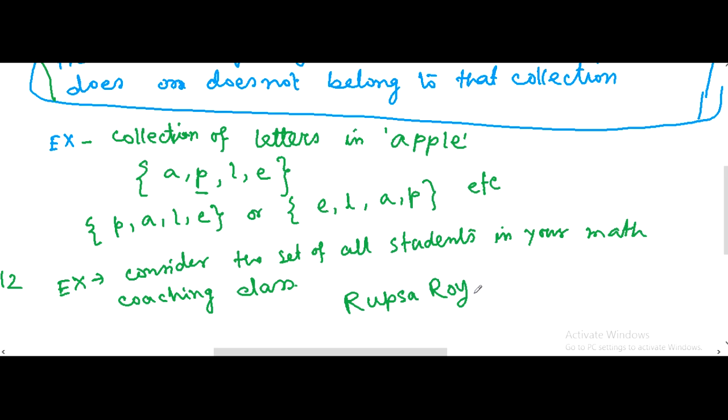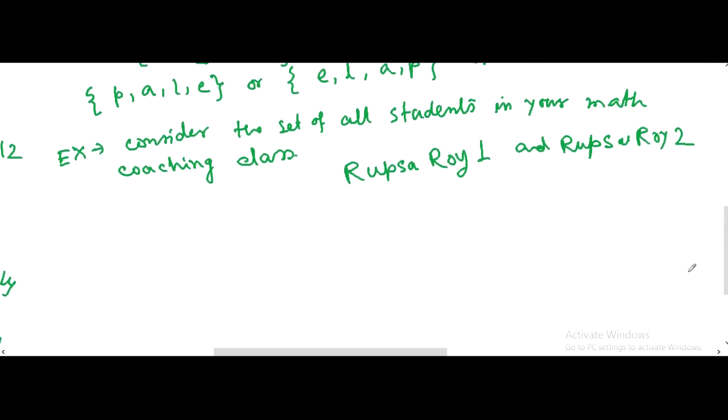The answer is no. In this case, you have to take both of them because there is no repetition, as they are not the same person, though their names are the same. In this case, you can rename them as Rupsha Roy 1 and Rupsha Roy 2 to make the set.